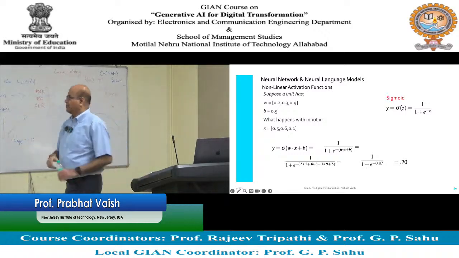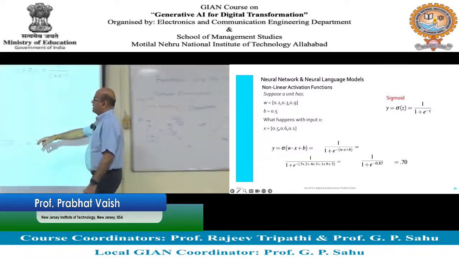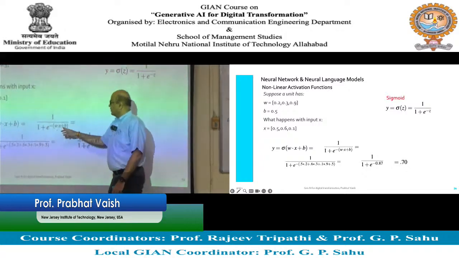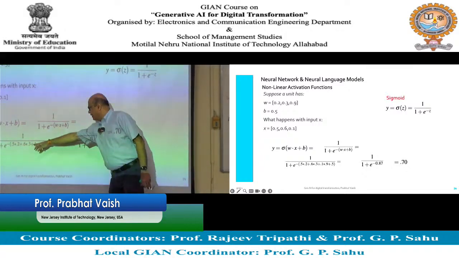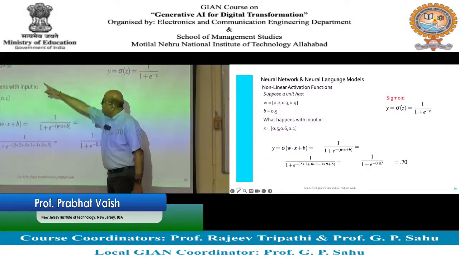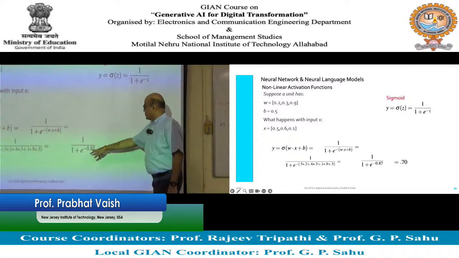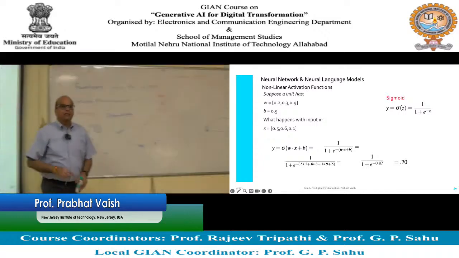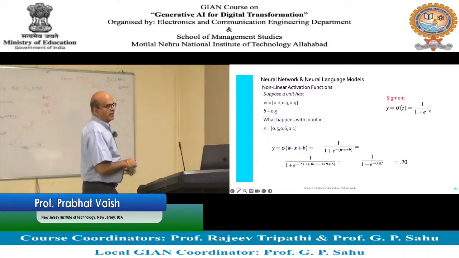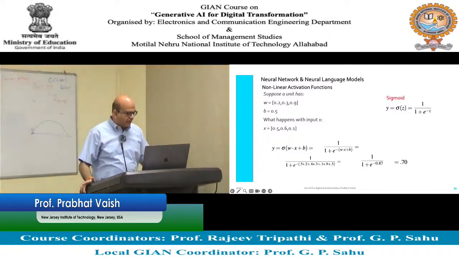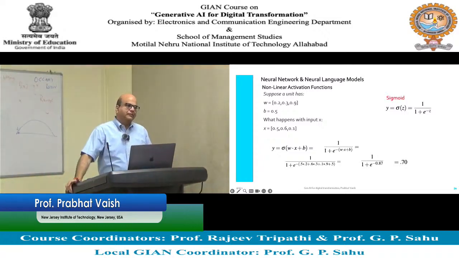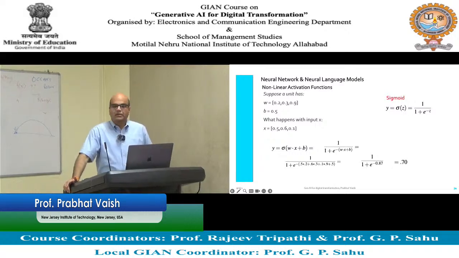You can just trace it down because this is the y function, this is the sigmoid function. You put the values of w, x, and b as represented there. This is what you get, and you calculate, and you get the number 0.7. Right? And this is a simple calculation that is happening all along in the neural network. That's all that is going on.